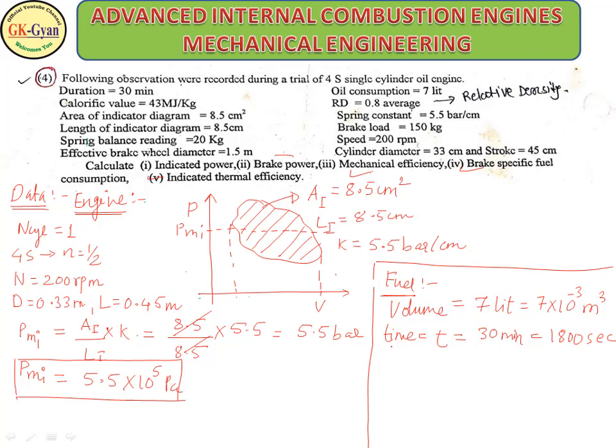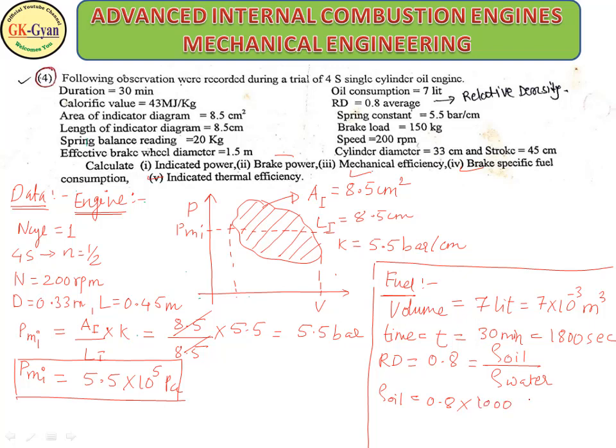Then relative density RD is given as 0.8. We know that relative density is nothing but density of oil upon density of water. So relative density of oil is equal to 0.8 into density of water, 1000 kg per meter cube.